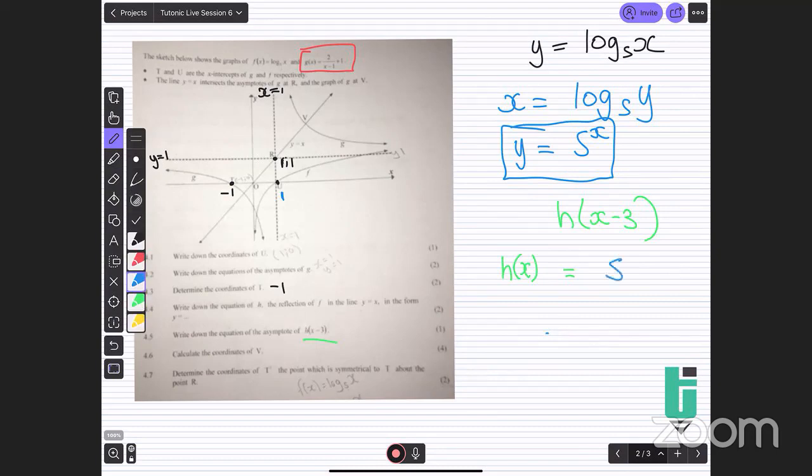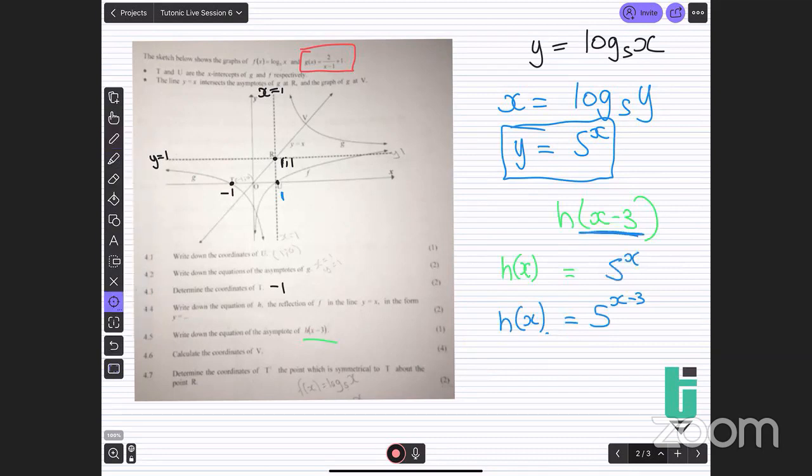So what's the new equation going to be? 5 to the power x minus 3. Because you just substitute that for whatever x is. Doesn't this mean, guys, that you're subbing this in place of x? Yes. Wherever x is, you're putting x minus 3.